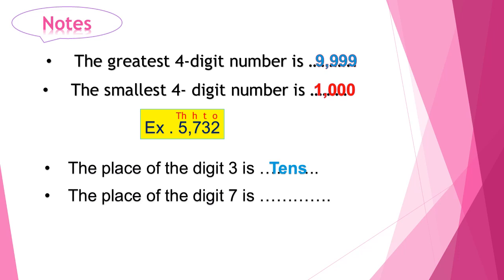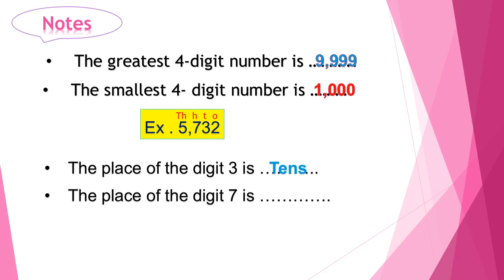Second question, the place of digit 7. We already wrote our places, the rooms for these digits: ones, tens, hundred, and thousand. The place of digit 7. 7 in which place? In hundred.